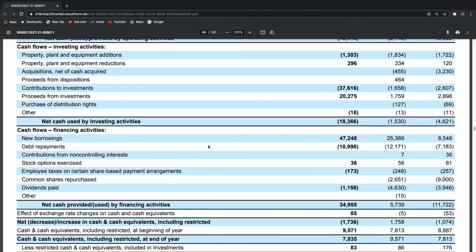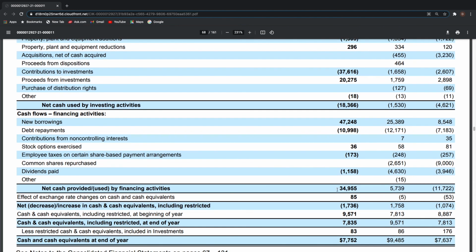So if we go down and look at the net cash from financing activities, we can see we've got an inflow of $35 billion there. Net borrowings here shows $47 billion. So this is money that they've had to borrow to actually keep their operations running. So this is clearly a big problem, and this kind of company you should really avoid.